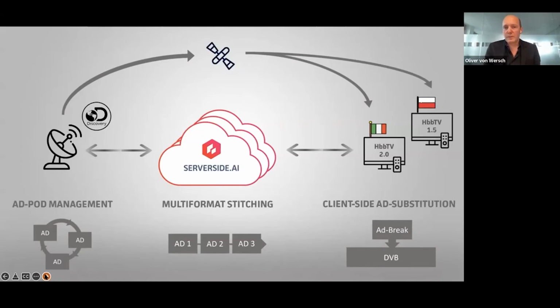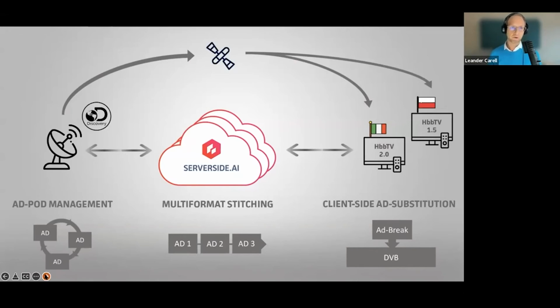Yeah. So the spin-off, with the Nautilus server-side AI, is the SaaS product we focus on. I mean, the use cases are around ad insertion in live, in catch-up, network PVR, so all the relevant playback modes that telcos offer today to their customers.